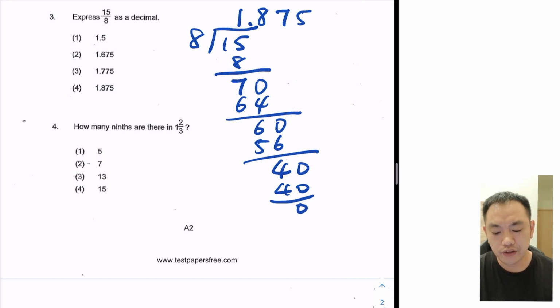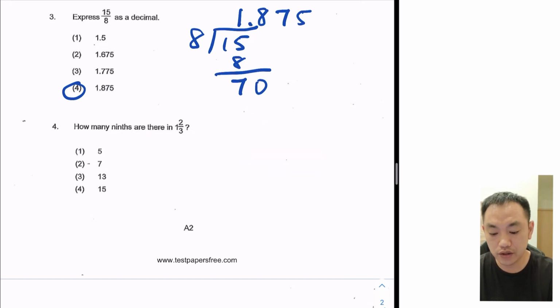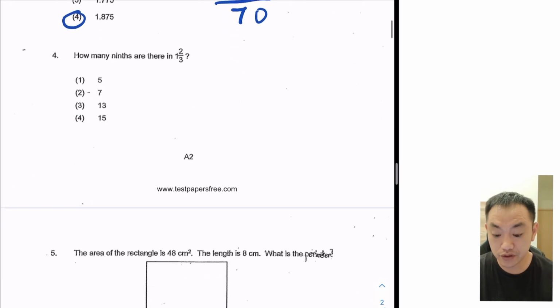So 15/8, if you put it as a decimal, a number with decimals, the answer is 1.875, which is option number 4. Let me rub this off. Let's move on to the next question.